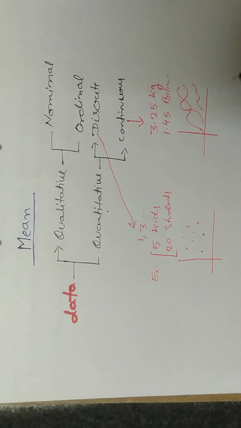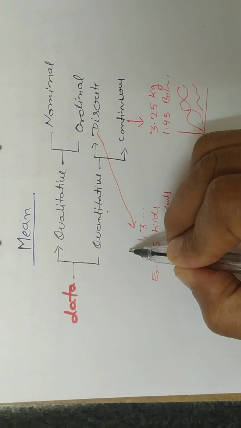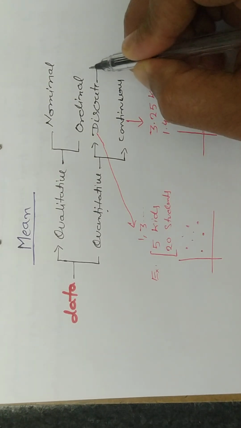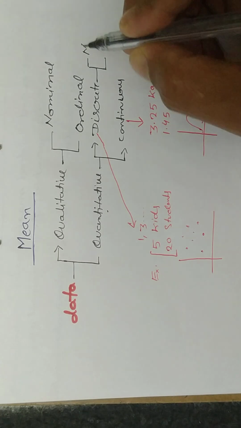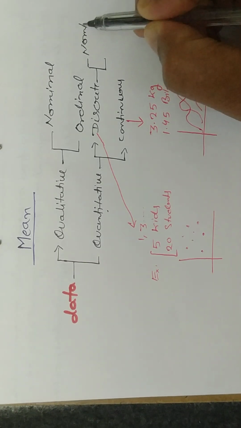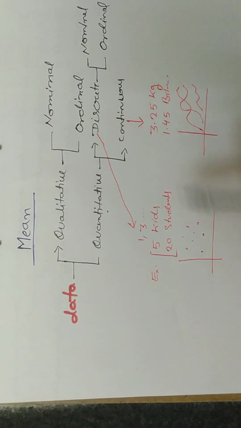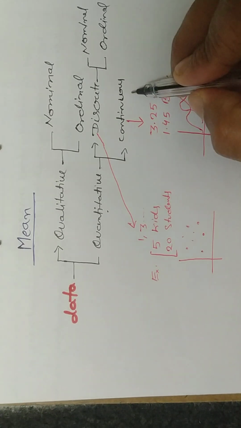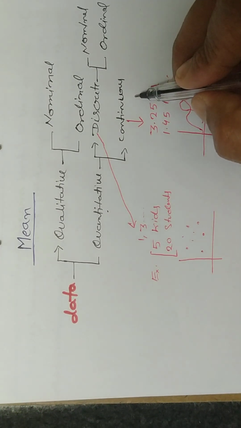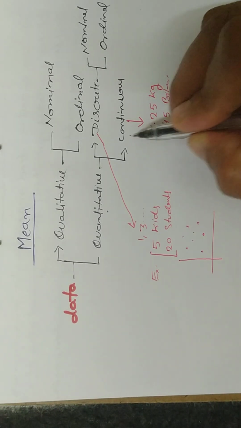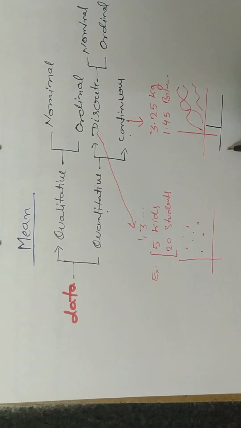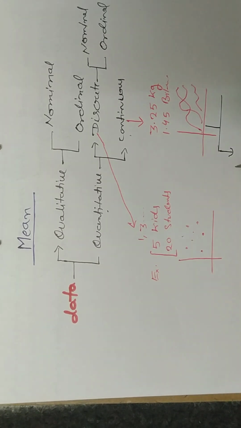We can divide the discrete data again into two parts, and also the continuous data into two parts. The two parts of the discrete data are nominal and ordinal. Similarly, we can divide the continuous data into two parts. One is interval and second is ratio.